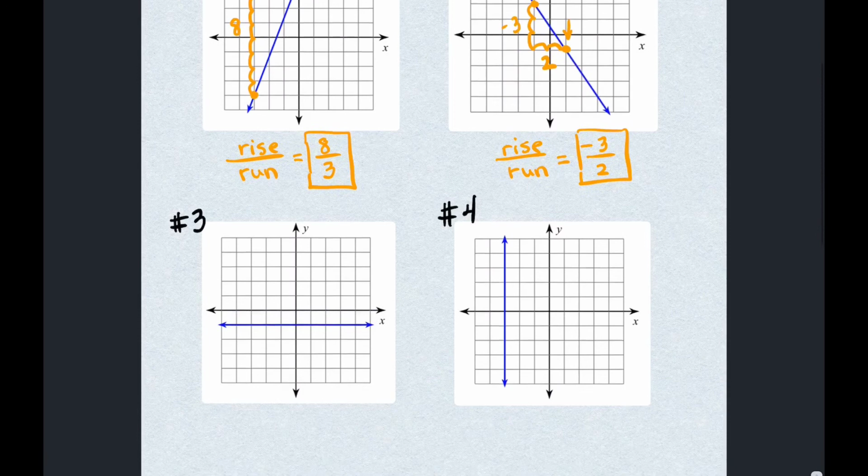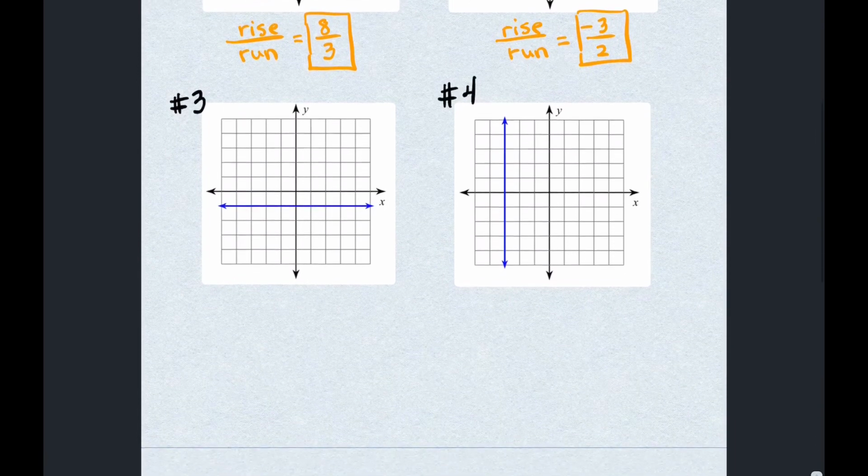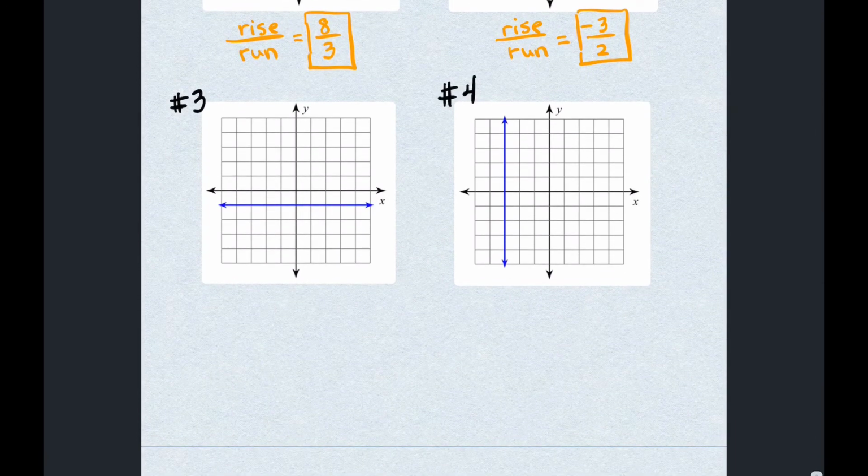Now when we get down here to the bottom, we have 2 special cases that we'll run into from time to time. With number 3, we have a horizontal line. You can see there are plenty of choices here for points that we can use. We could use, for example, (-2, -1), and we could use something out here like (4, -1).